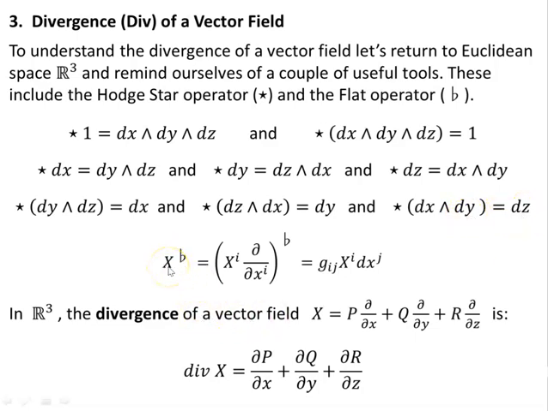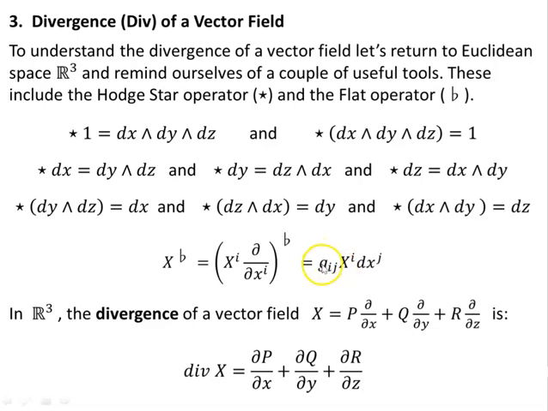Okay, so let's take our vector X and apply the flat operator. Vector X can be expressed in terms of its components and tangent basis vectors, X^i, contravariant, partial x^i. The flat operator acts on that, and we then employ the metric tensor to lower our components.